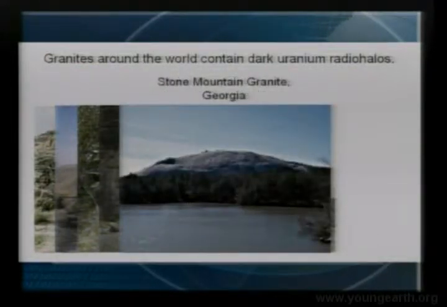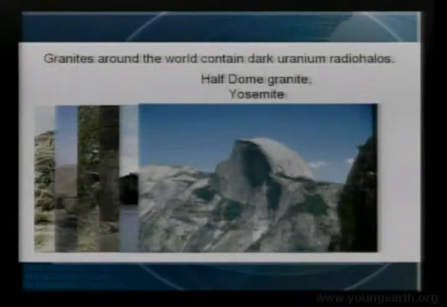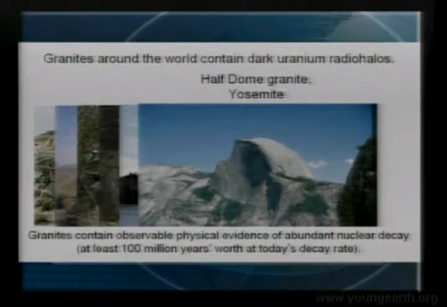And in Stone Mountain in Georgia, where the Confederate Memorial is, we see granite that contains uranium radiohalos. And the Half Dome granite in Yosemite National Park, the biotite in it contains uranium radiohalos. So granites contain observable physical evidence of abundant nuclear decay, at least 100 million years worth at today's decay rates.